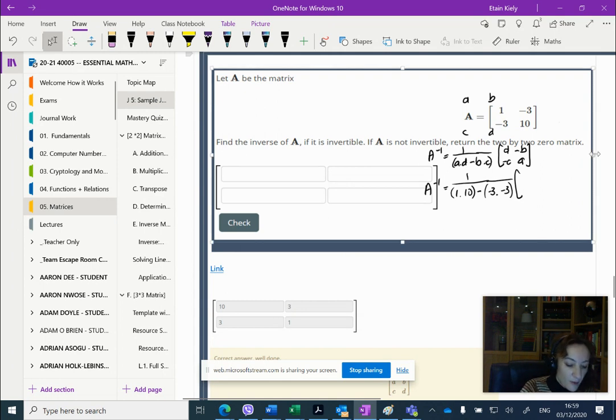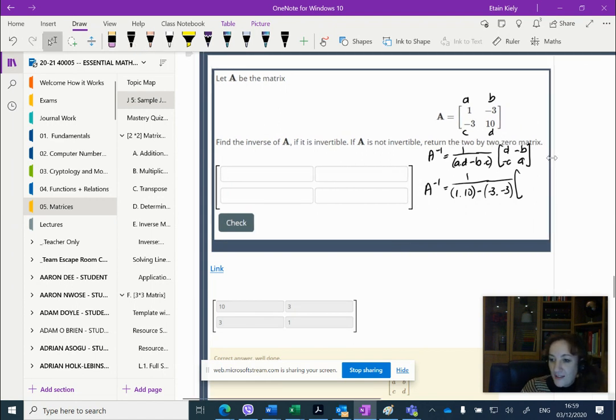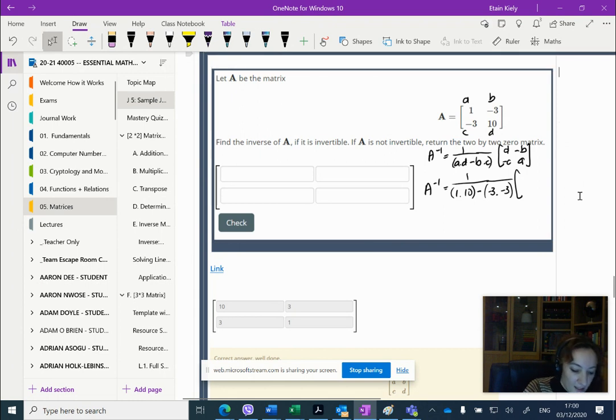Then we swap our A and our D values. By making it bigger, I think I've stretched the A, B, C, and D, so we'll move those back a little bit and just write over the line. So we swap our A and our D. D comes up here now as 10, A goes down as 1. We put a minus in front of the minus, so it becomes plus. Minus in front of C, so that'll become plus as well.